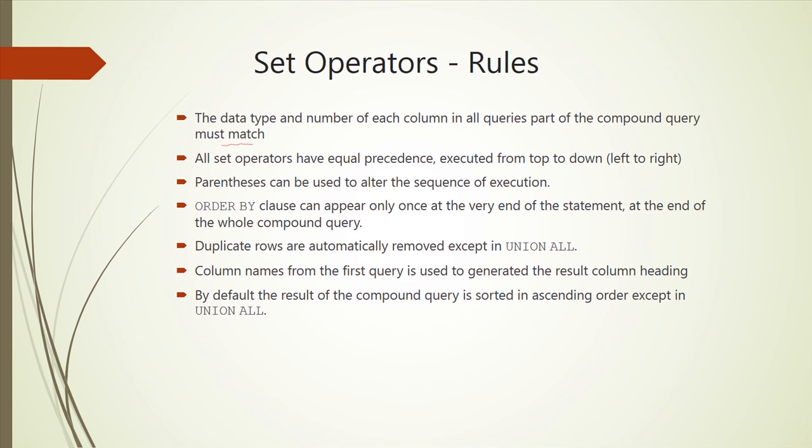Column names from the first query are used to generate the result column heading. By default, the result of the compound query is sorted in ascending order by using the first column in the select statement, except in union all that retains the data randomly without any order.